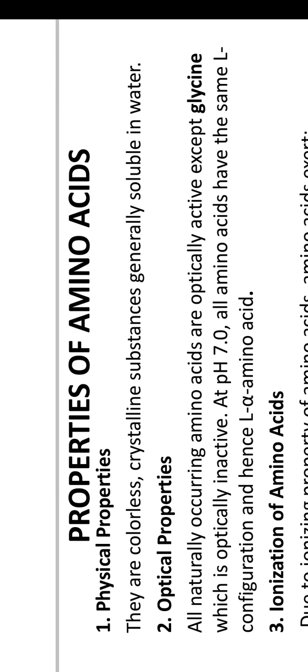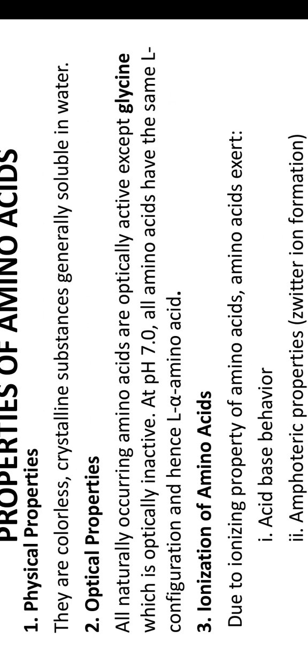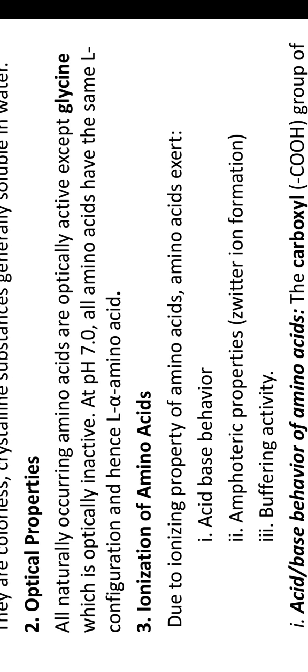The majority, I think 19 amino acids, are in the L configuration, which means the amino acid in a solution can rotate in the left direction at pH 7, hence they are known as L alpha amino acids. Alpha means the central chiral carbon atom bearing both the amino and carboxyl group, so that is called an alpha amino acid.